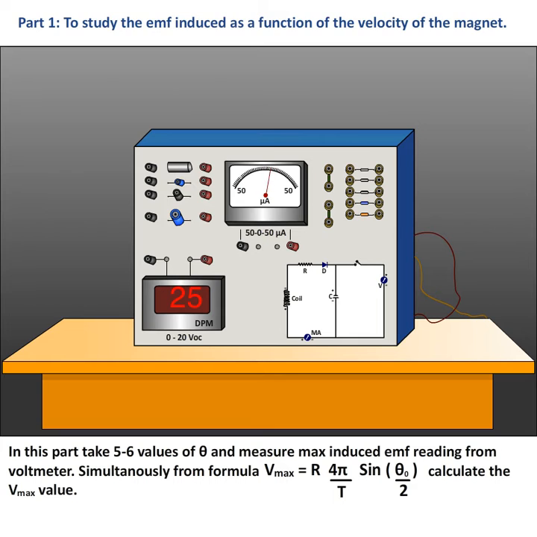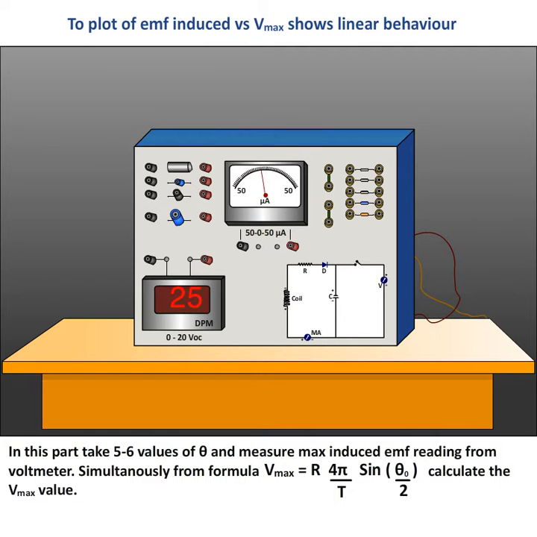Now, we have the values of R, which represents the wheel radius, and T, the time period. By making the circuit mentioned on the screen and taking different values of theta, when the wheel oscillates, the magnet passes through the coil.